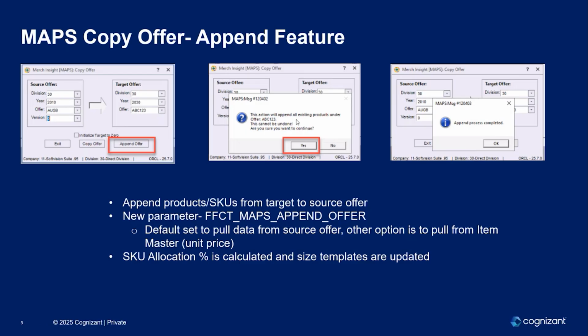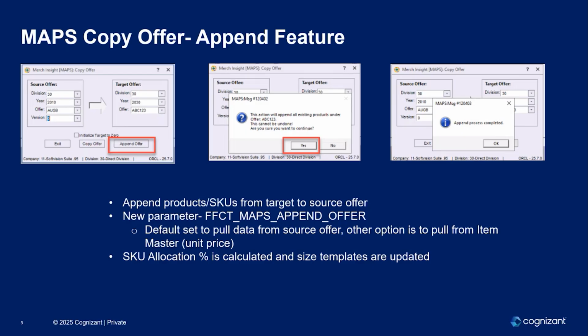Now, this is controlled by a parameter. The default is set to pull the data from the source offer, and this is focused around the pricing. So if for some reason there is a discrepancy in the pricing in your source offer versus what you want in your target offer, we are giving you the opportunity to set that parameter to pull from the item master instead of what exists in the source offer in regards to price.